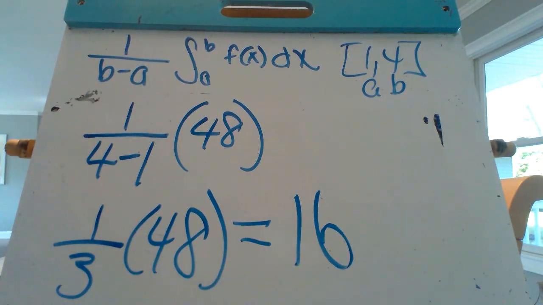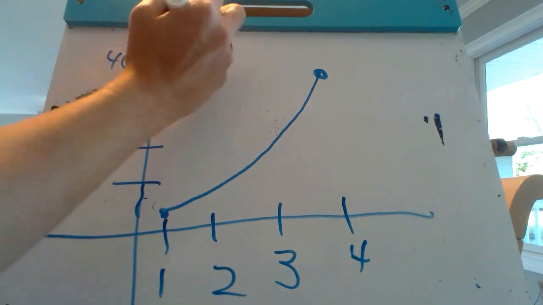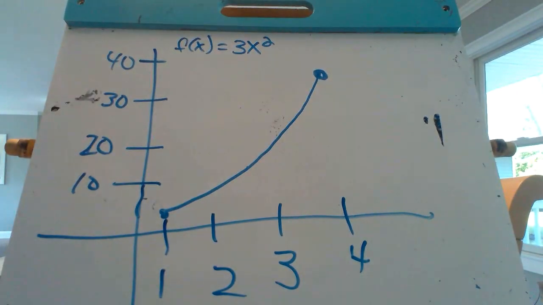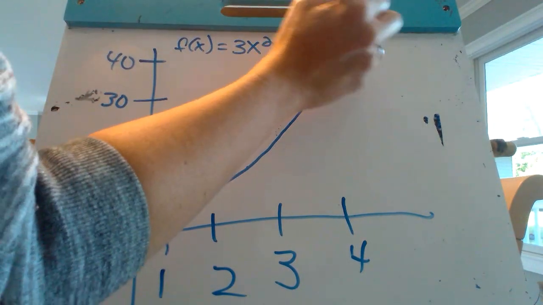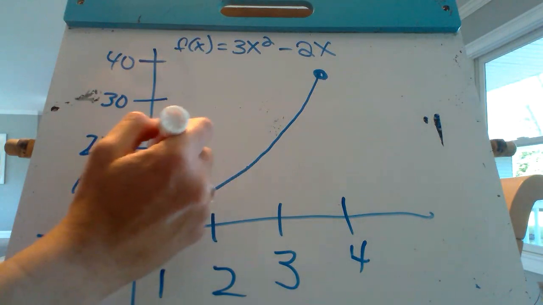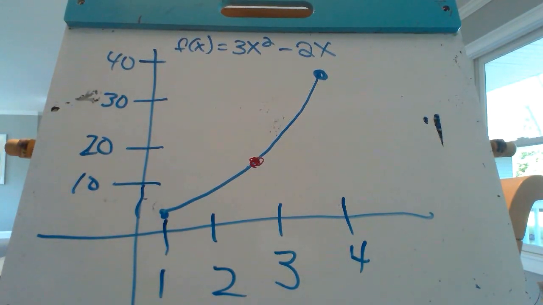All right, so let's look at what that means graphically. Okay, so graphically what we have here is a piece of a parabola. If you were to graph f of x is equal to 3x squared minus 2x, we have a piece of a parabola here. And if I look at my average value, which is 16, so 16 is just about here, this point, the rectangle that is formed with the average value.